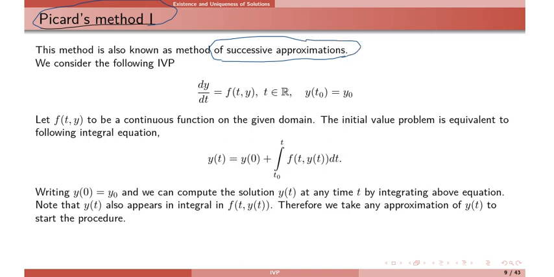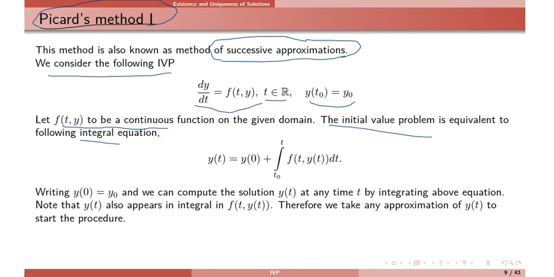We consider the same IVP, dy by dt equal to f(t, y), t is any real number, and at t naught the solution is y naught. Further, f is continuous.